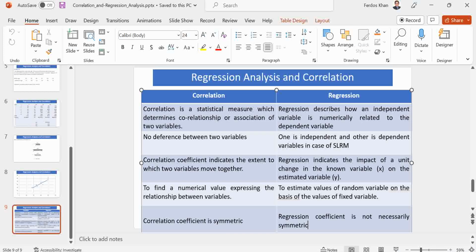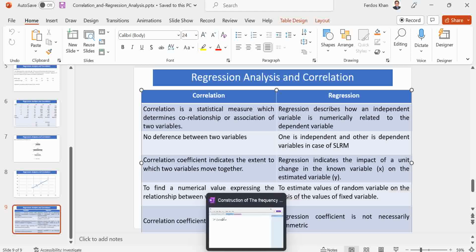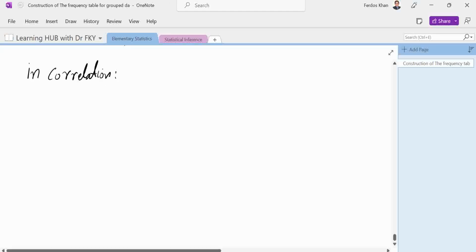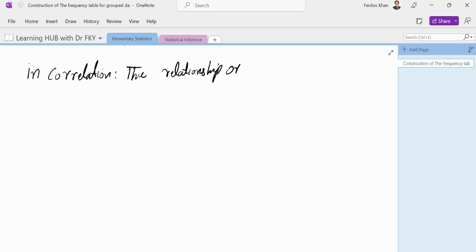Again, the relationship or association between variables.